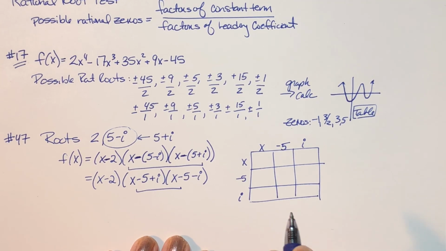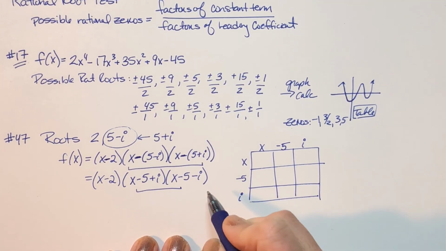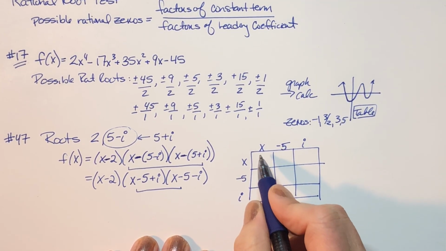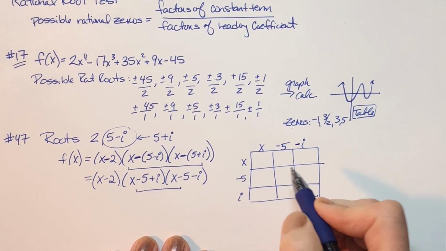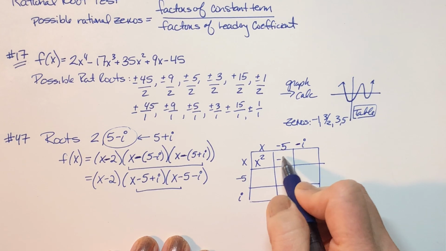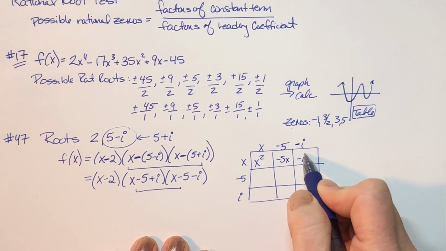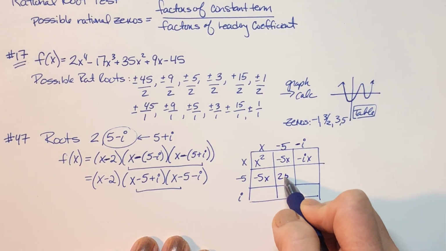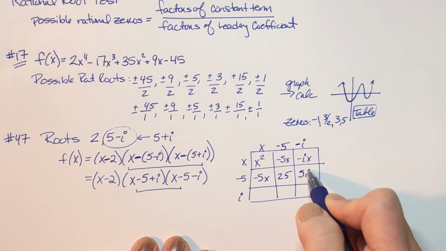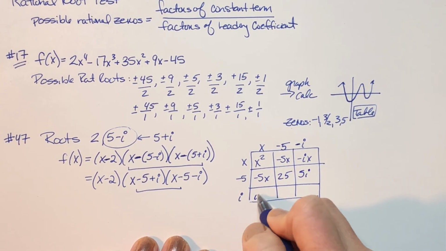So wait, I think I lost a sign, didn't I? It's a minus i. Hold on. I need to have a minus right here. Sorry about that, okay? So I go ahead and I multiply. See how easy it is to lose a minus sign? I haven't even started multiplying and I've lost the minus sign. Be careful, kiddies. Be careful.